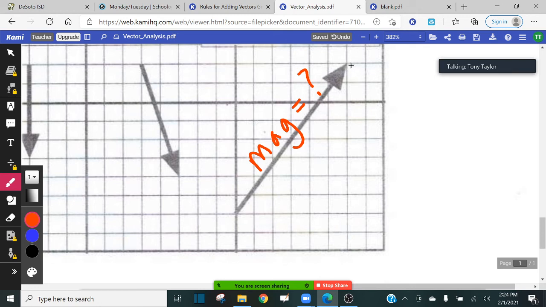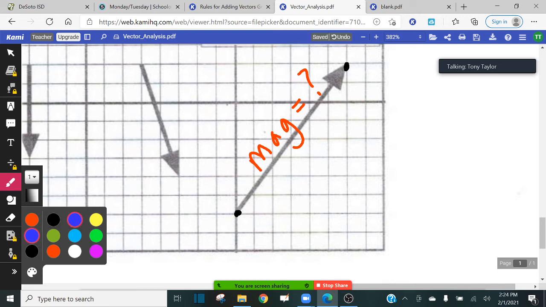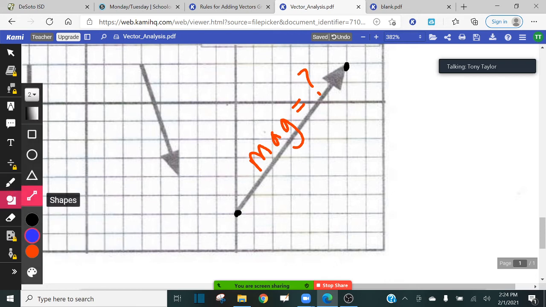And guys, whenever you're finding how long the vector is, remember you want to count the number of squares between this point and this point. That's the first thing you want to do. So let's see how many squares we move in the x direction. We go 1, 2, 3, 4, 5, 6.